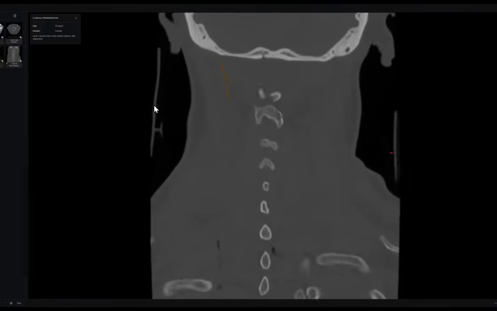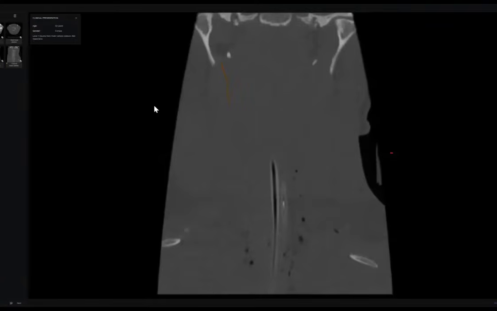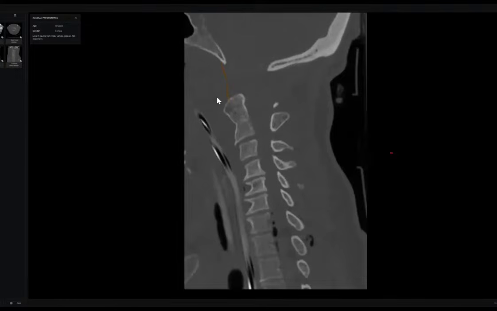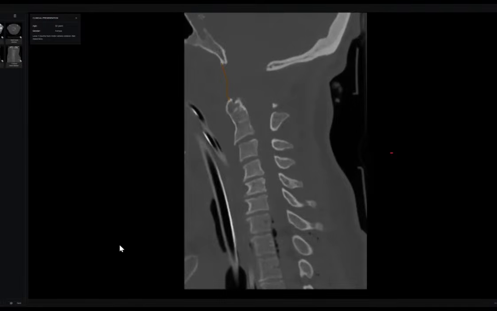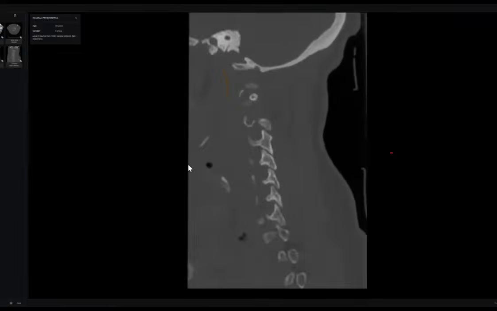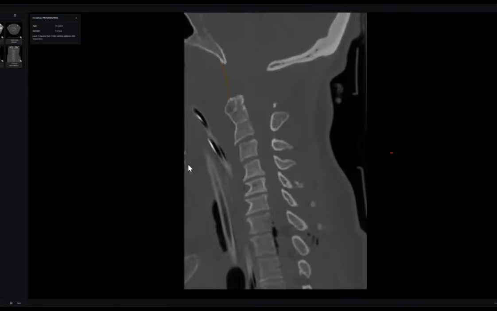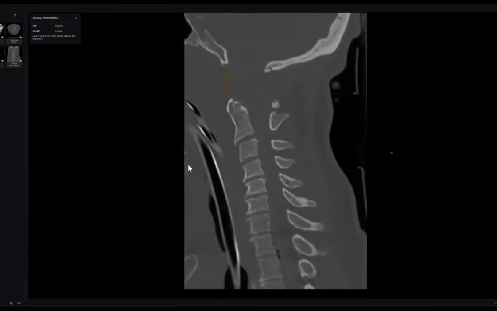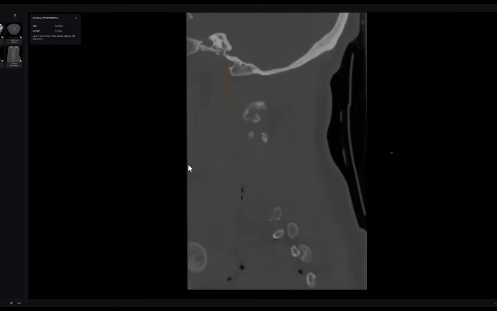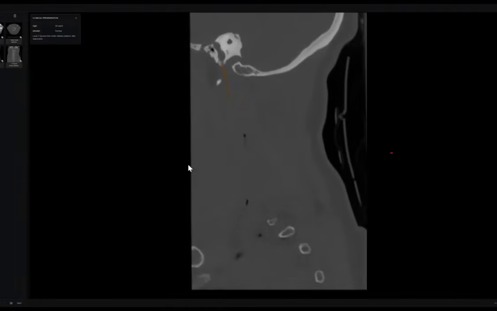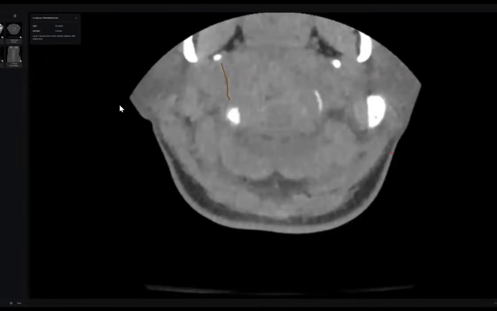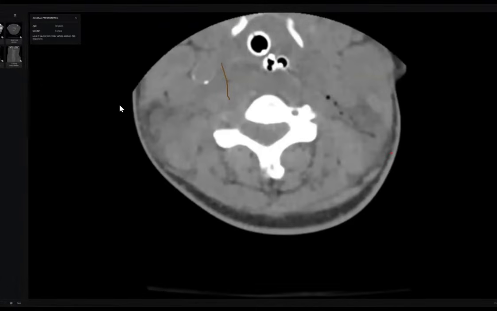My colleagues, if we have a deep look here, you can detect some pneumothorax, I think. He may have some pneumothorax here.